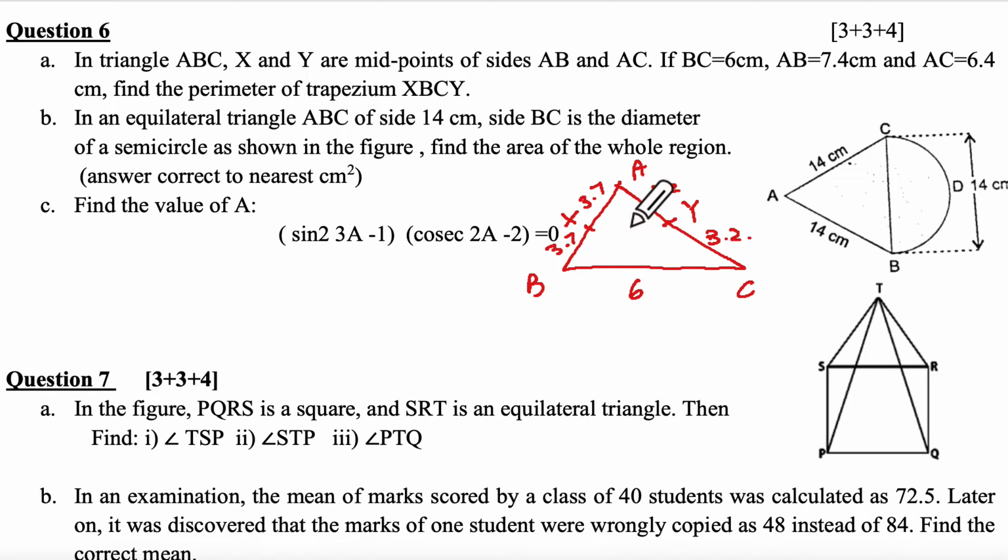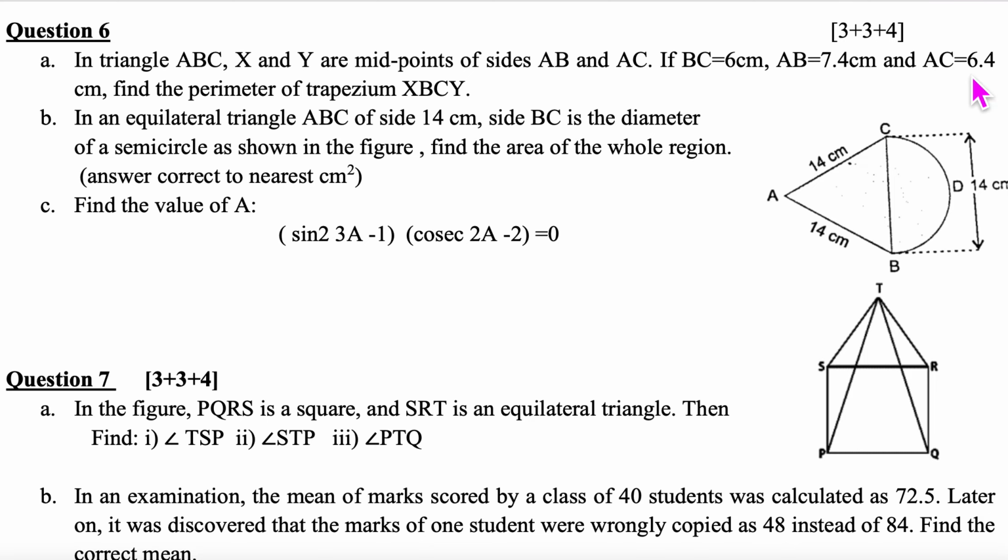And then they are telling you find the perimeter. So for the perimeter, you will say XY is parallel to BC and XY is half of BC because of MPT, correct? So this will be 3, and then the perimeter of this will be 3 plus this plus this plus this. Easy? Yes.